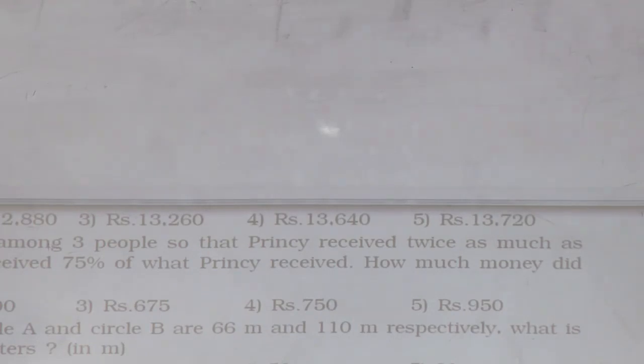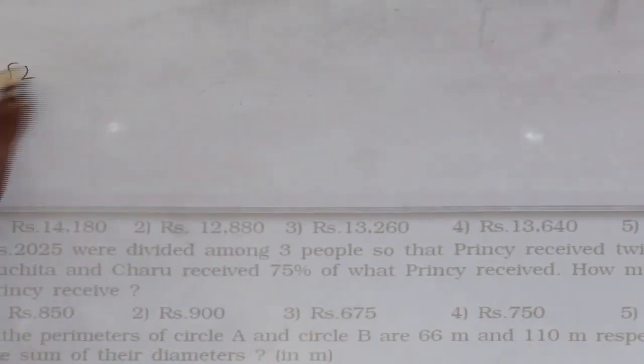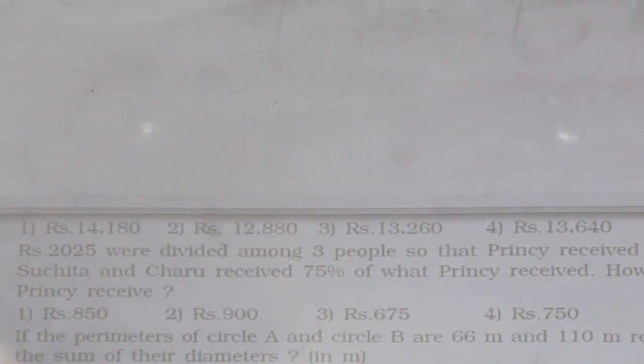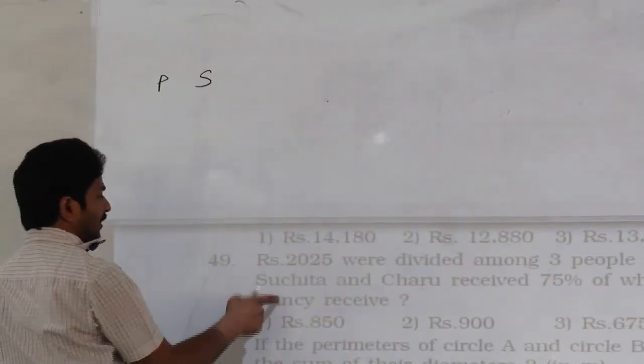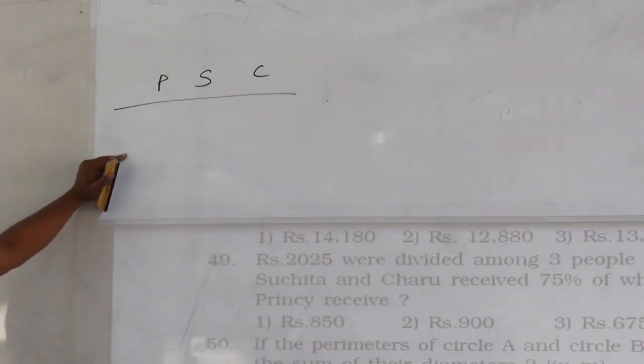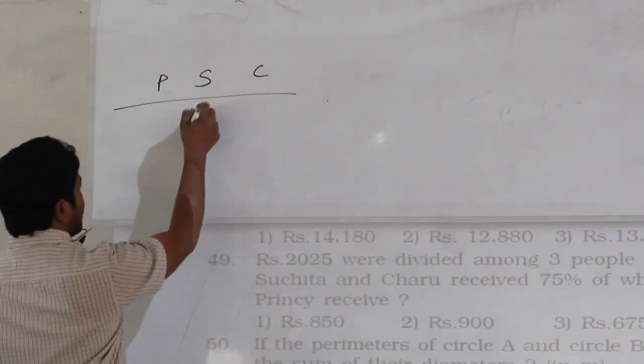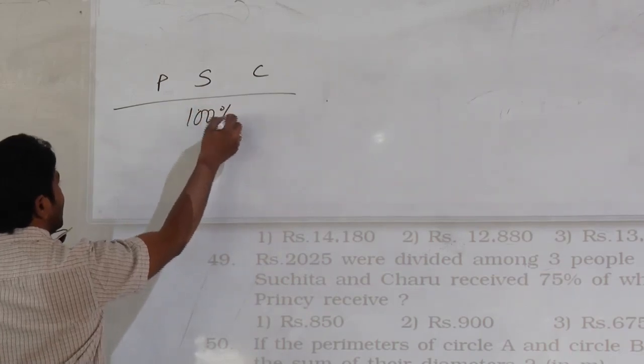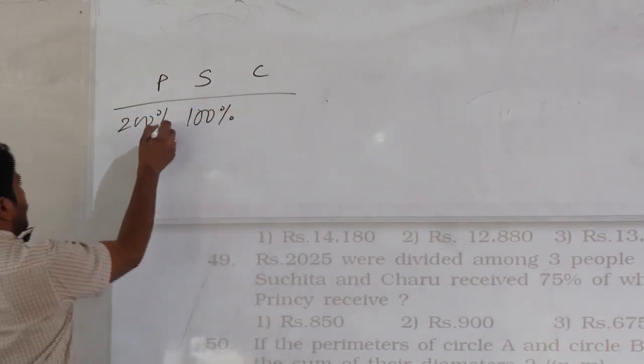How much money did Princey receive? Now we have 3 persons here: Princey, Suchita and then Charu. Princey received twice the amount received by Suchita. So if Suchita receives 100%, Princey receives 200%.